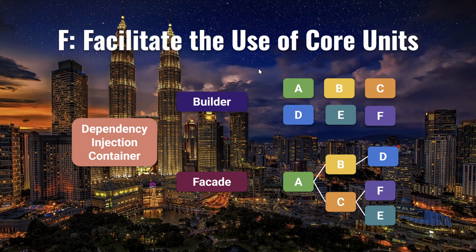So these components here are not components with business functionality. They only play a support role in your system. In other words, these classes are only helper classes in your system, and they help make the core classes easier to use.